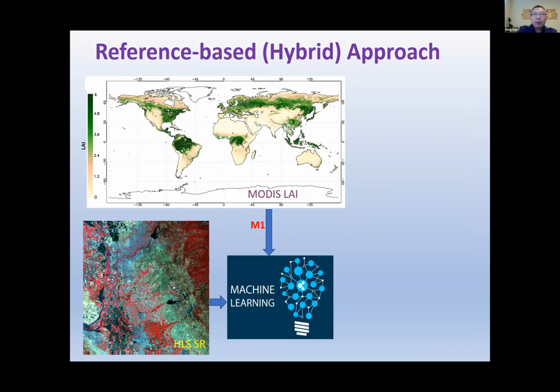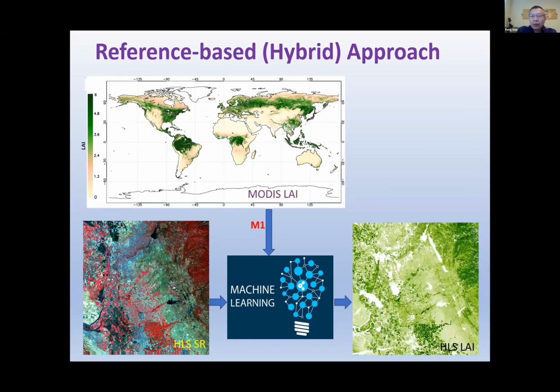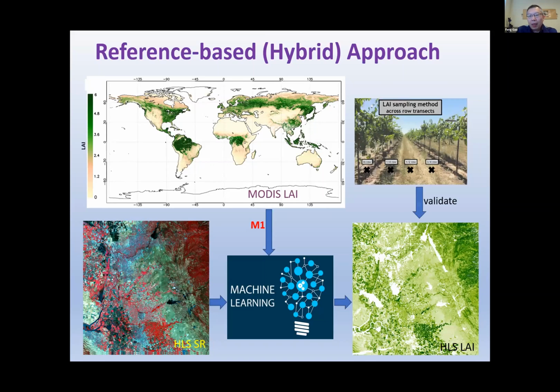We can use a machine learning approach to learn the relationship between the LAI and surface reflectance at coarse resolution. Once this model is trained, we can apply it to the fine resolution surface reflectance and produce a fine resolution leaf area index map. The field measurements can be used to validate the result, and can also be included in the machine learning.